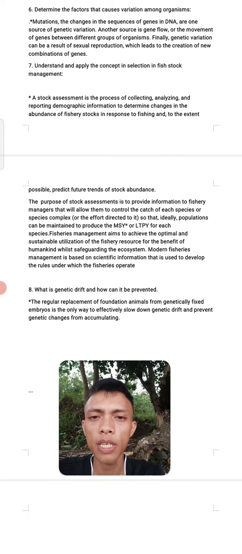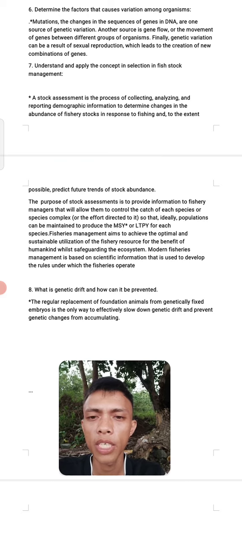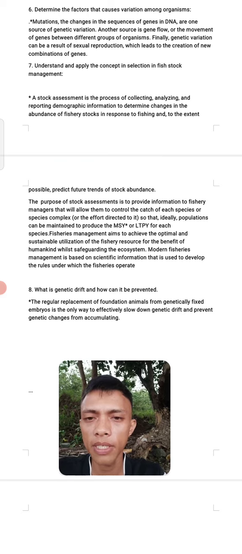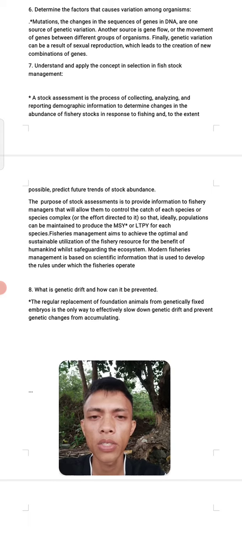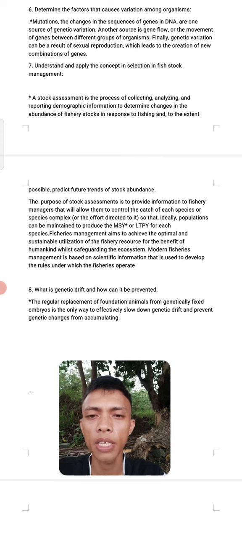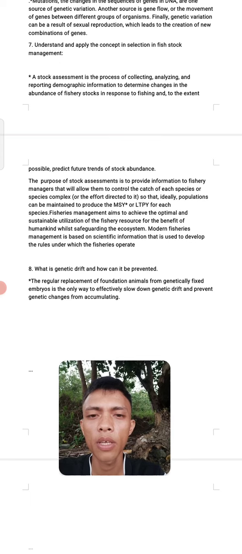So the purpose of the stock assessment is to provide information to fisheries managers that will allow them to control the catch of each species or species complex, or the effort directed, so that ideally populations can be maintained at MSY or LTPY for each species.